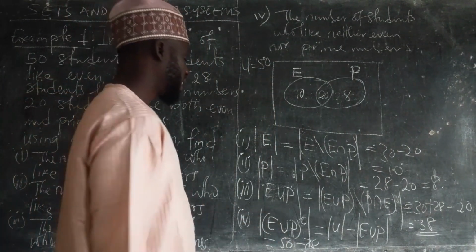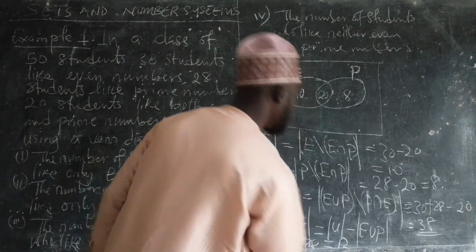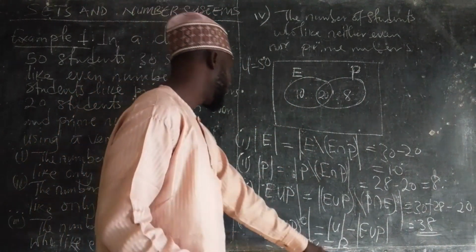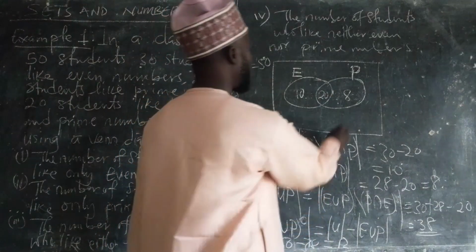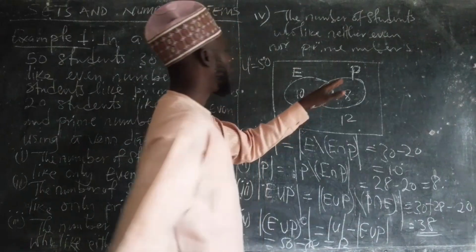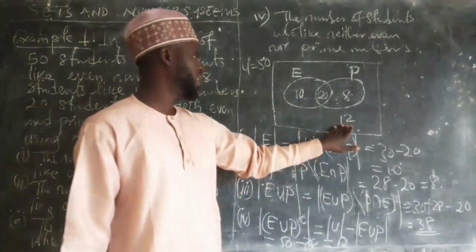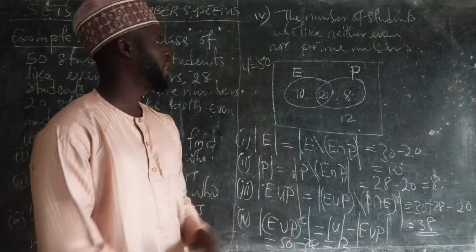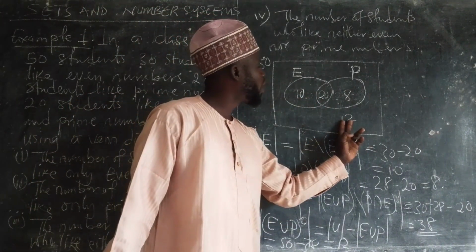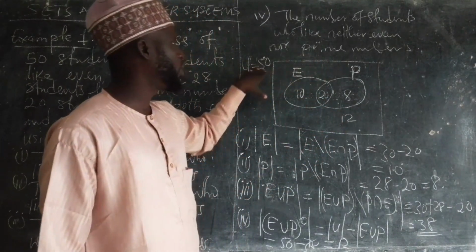So 50 minus 38 is 12. I have only 12 students who don't like any of the two. I can put my 12 anywhere inside the rectangle, but not inside any of the two sets. So if you sum up 12 plus 8 plus 20 plus 10, you get back your universal set.